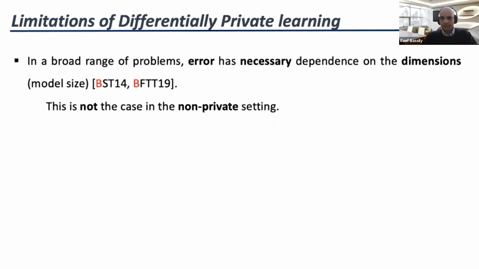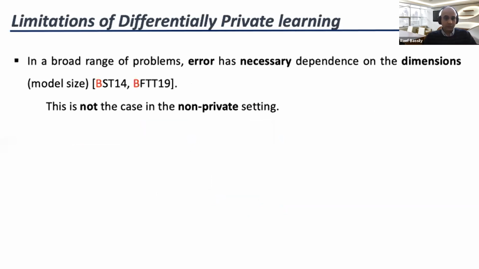Despite its remarkable progress, differentially private machine learning has several limitations that manifest themselves in various settings. For example, in a broad range of machine learning problems, the error incurred by differentially private learning algorithms is shown to scale, sometimes even necessarily scale, with the dimensionality of the problem, which is often equivalent to the size of the output model.